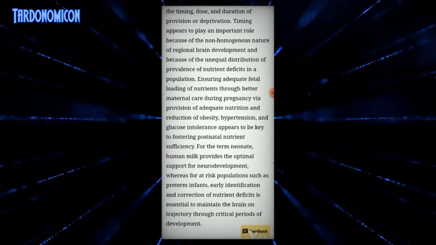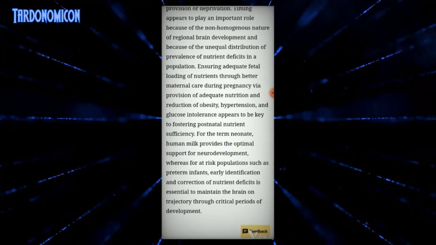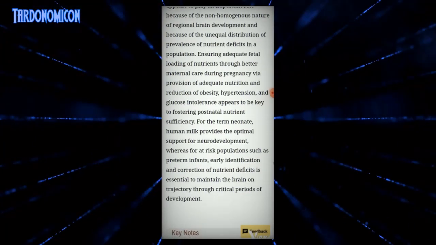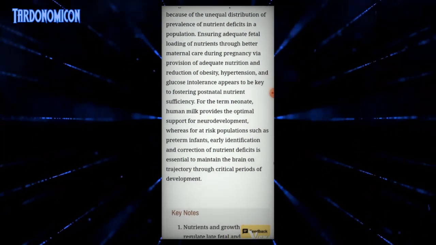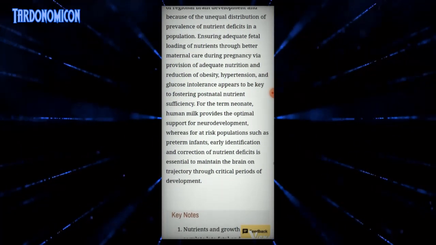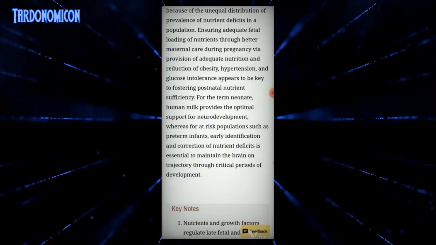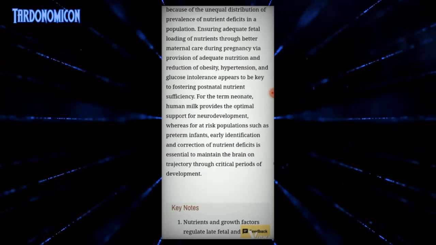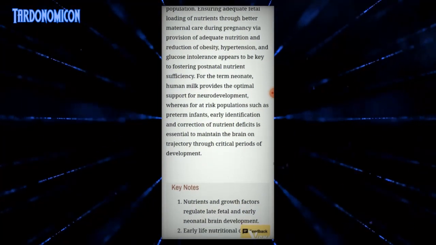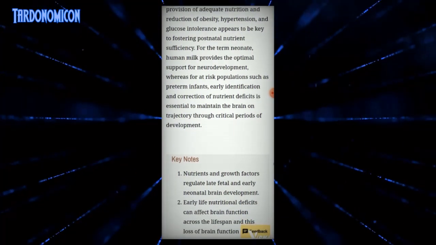Timing appears to play an important role because of the non-homogeneous nature of regional brain development and because of the unequal distribution and prevalence of nutrient deficits in a population. Ensuring adequate fetal loading of nutrients through better maternal care during pregnancy and pre-pregnancy and post-pregnancy for that matter, via provision of adequate nutrition and reduction of obesity, hypertension, and glucose intolerance appears to be key to fostering postnatal nutrient sufficiency.